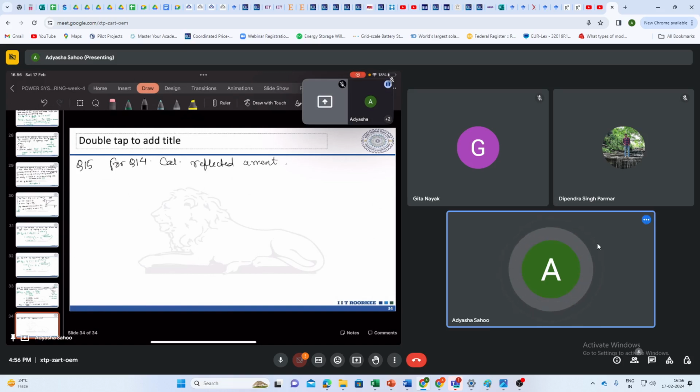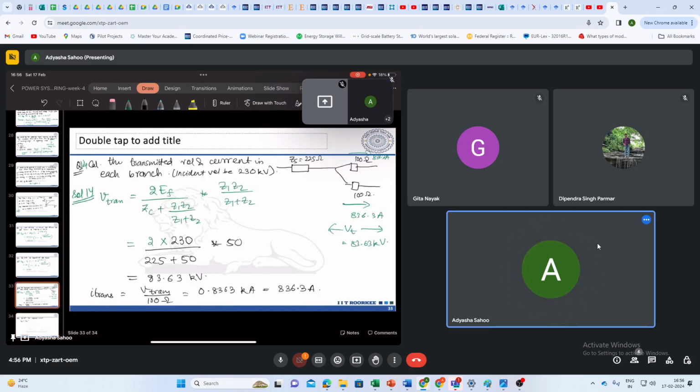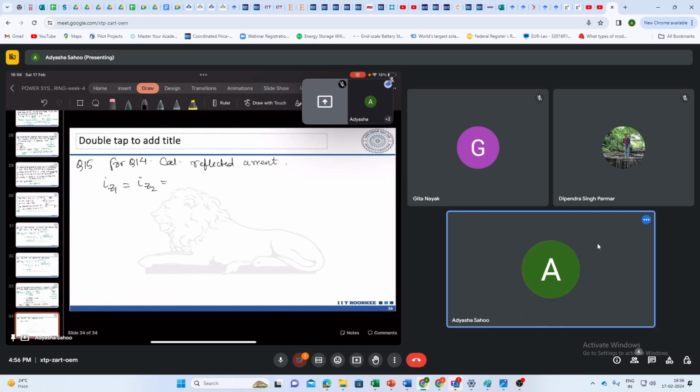So we calculated the current through Z1 is the same as the current through Z2, that was 836.3 ampere.